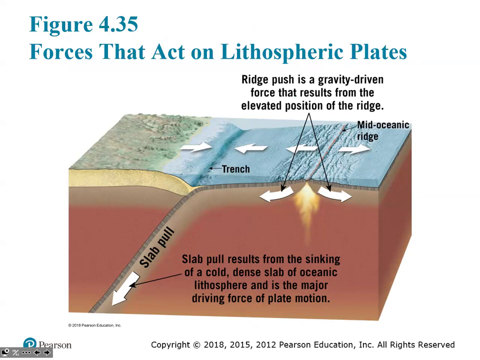Ridges sort of pile up as new material forms, and so plates slide down along there. And then there's ridge push from the elevated position of the ridge, and then there's slab pull from the sinking slab at the subducting location. These are the forces that act on it. They're all sort of driven by a large scale convection in the mantle.